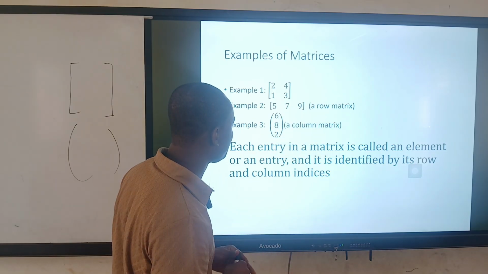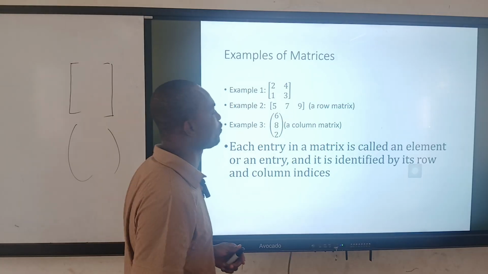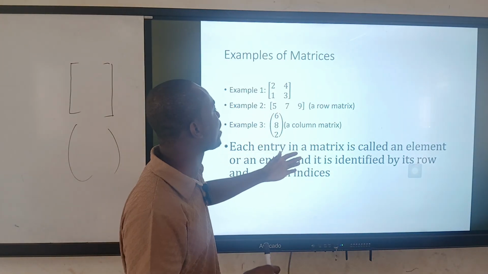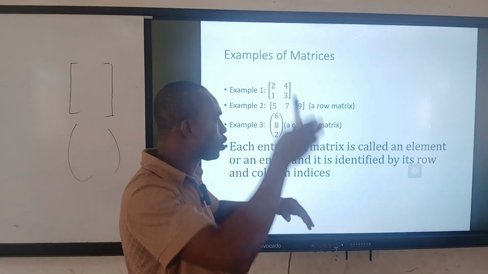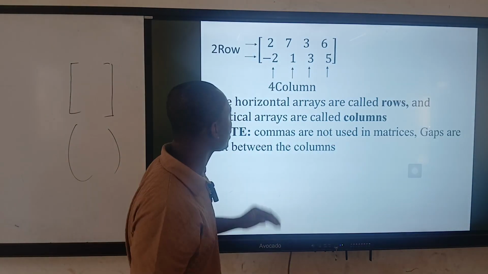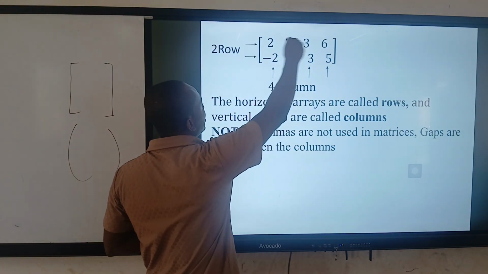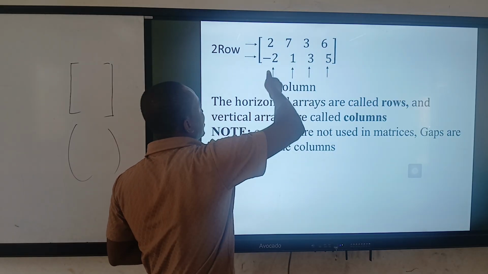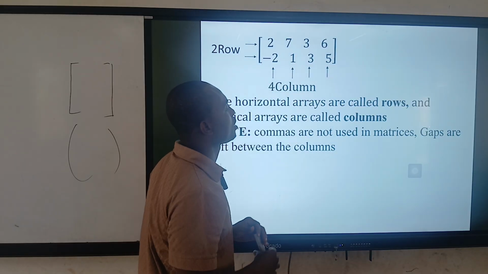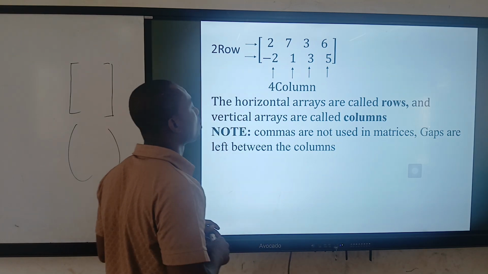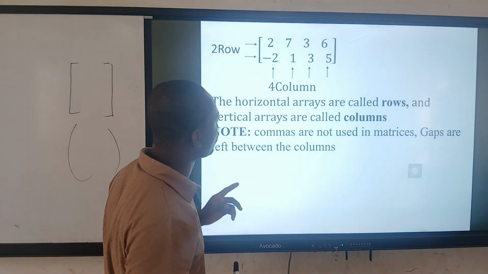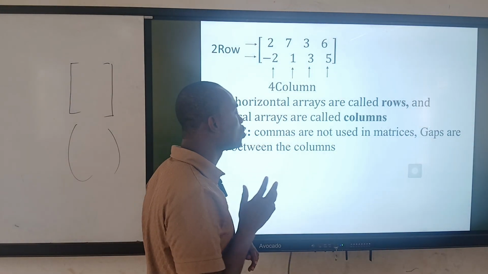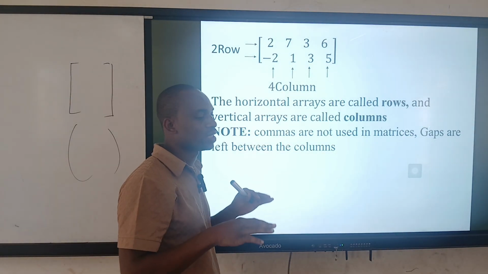Now how to identify a matrix? We use row and column to identify a matrix. So let's move on. Now we have the row here, that is the horizontal array, and then the vertical column here is the columns. One thing you have to note is that commas are not used in matrices. We don't use commas in matrices, but we leave gaps.